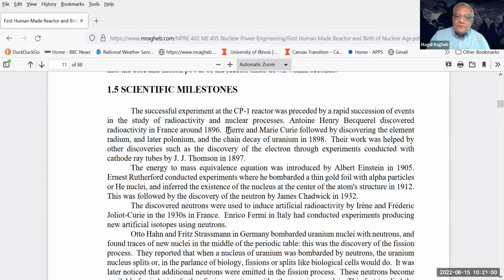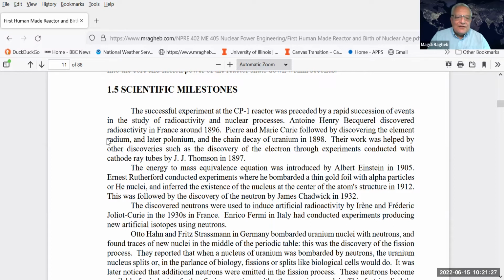This was followed by two pioneers, Marie Curie and Pierre Curie. They were a husband and wife couple, and they studied the ores of uranium, and they made a fascinating discovery. Marie Curie is renowned for the discovery of two elements, not just one element, but two.